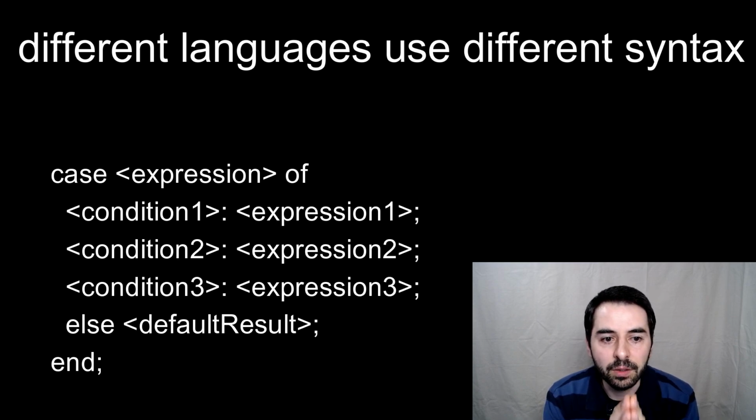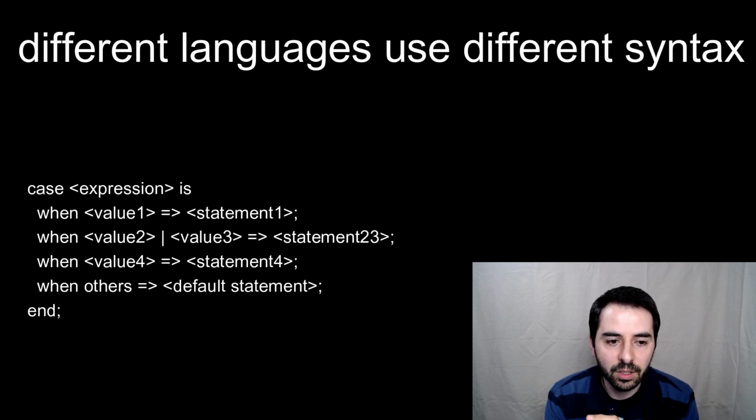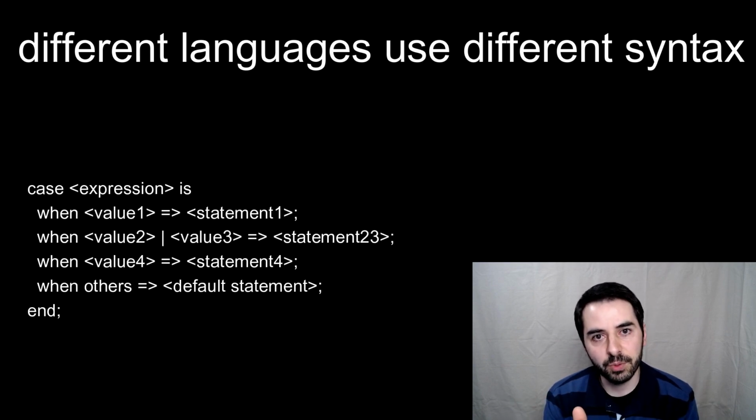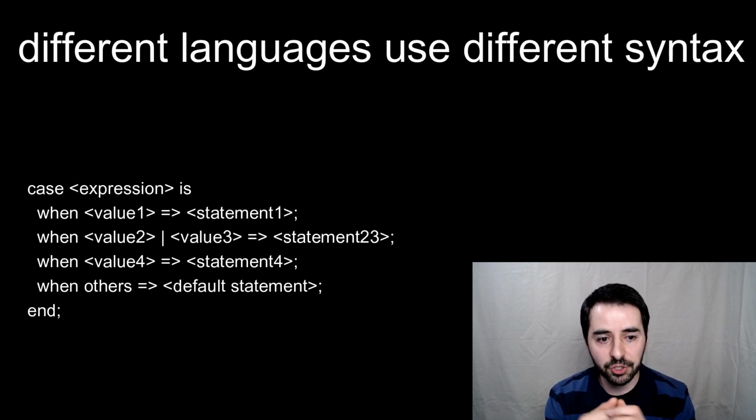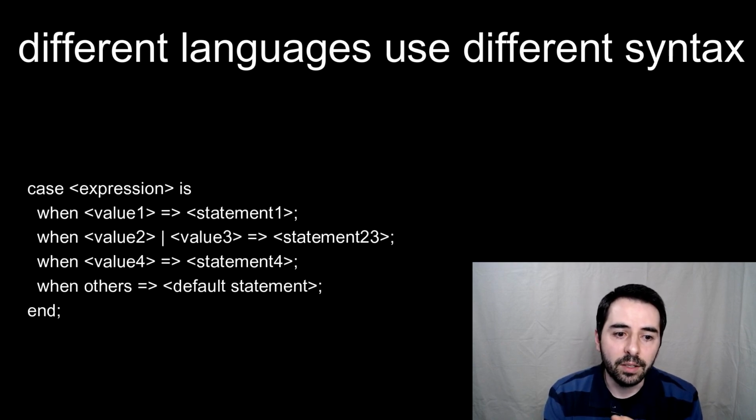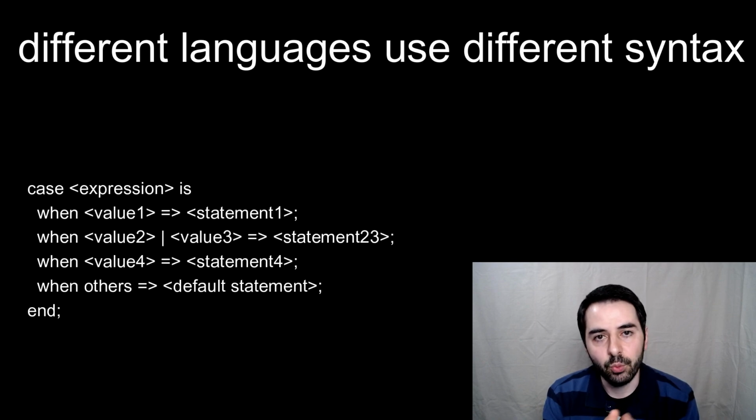And the third example I have is also using the case keyword, but this is a little bit different, because now instead of conditions we have values, so it's checking against specific values instead of checking if the condition applies to this expression. And also instead of else, we have this when others.